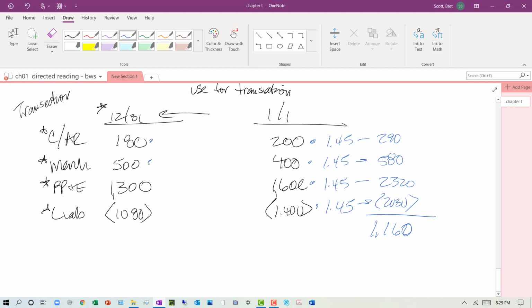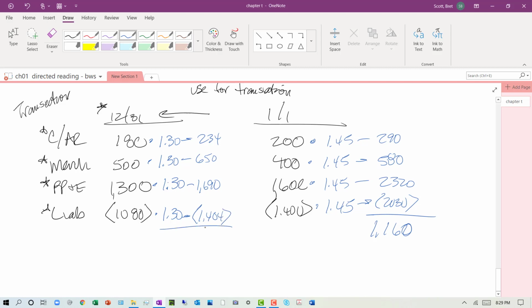Now, if we look at the end of the year, we could do the same thing, but we want to multiply by the current rate at 12/31, and let's say it's 1.30. The exchange rate went down from 1.45, now it's 1.30. If we multiply those across, we get 234, 650, 1690, 1404.